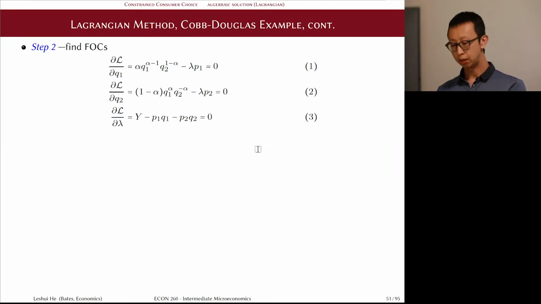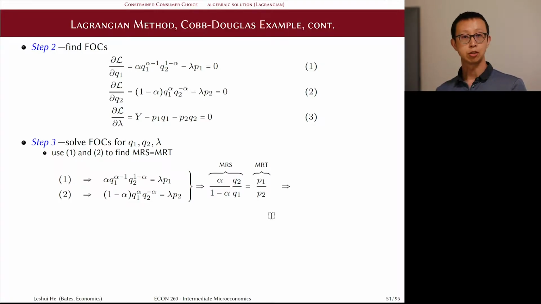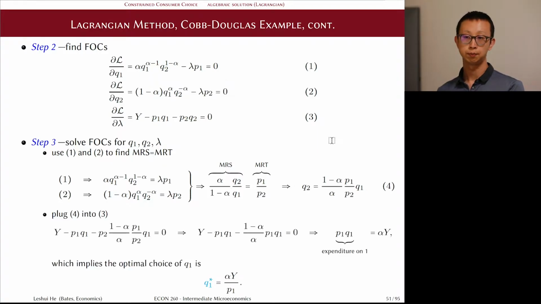These gave us three equations of three unknowns that we're able to solve. By combining the two first-order conditions, we reach our tangent condition of marginal rate of substitution equal to marginal rate of transformation. And then we use this expression in conjunction with our budget constraint, equation 3, to solve for the optimal consumption bundle of Q1 star and Q2 star.